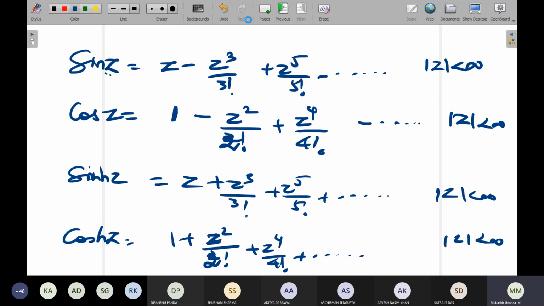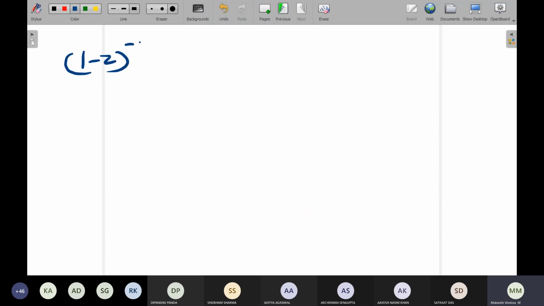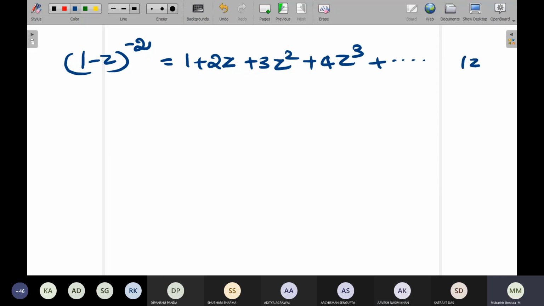Does anyone remember the expansion for 1 minus z whole power minus 2? 1 plus 2z plus 3z square plus 4z cube and so on.